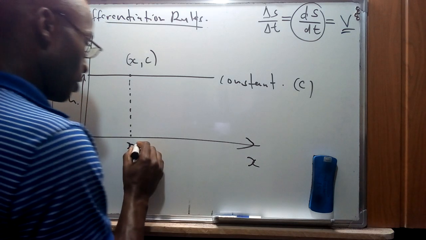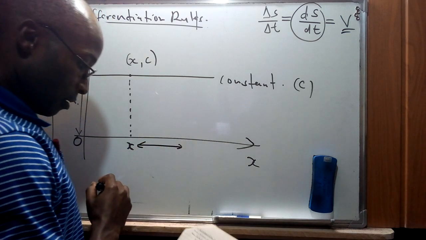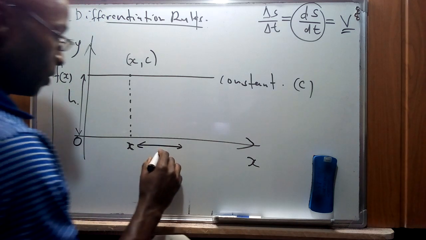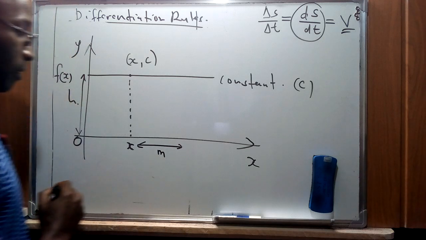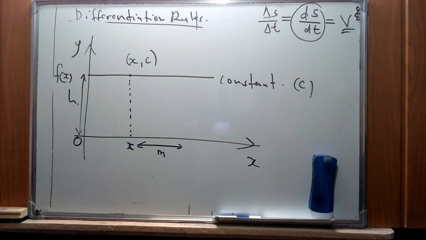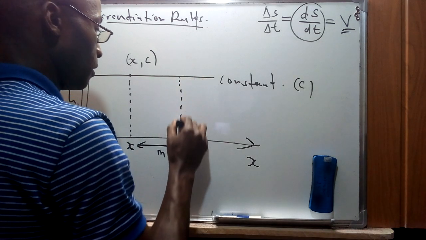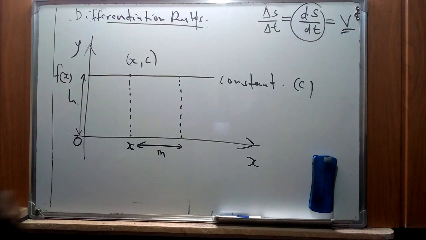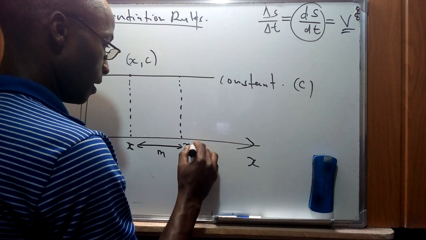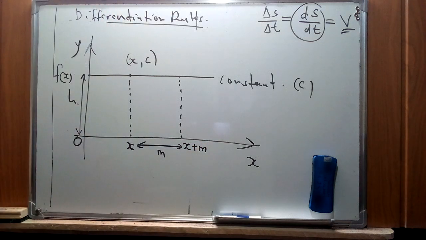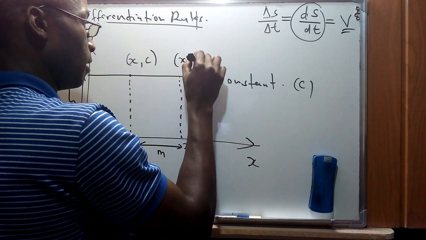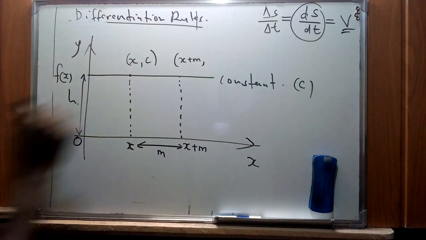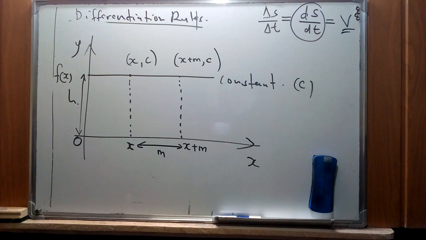But if there is a slight change in the x-axis, perhaps a change by a distance m to this particular point, then the value for x at this point is x plus m, and the coordinate is x plus m, c. So we can see it's only the x-axis that is changing.